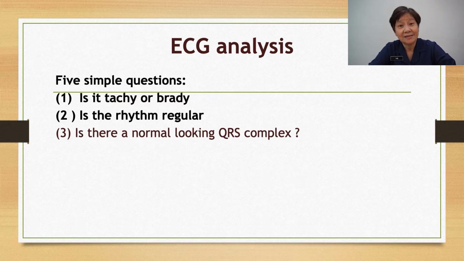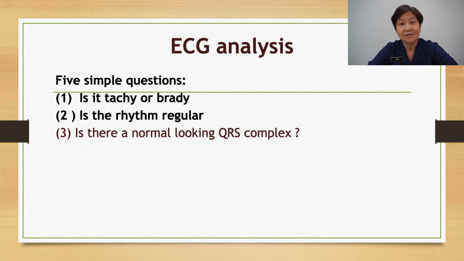So, it should be less than 0.12 second. So, everything below 0.12 second, the pacemaker comes from above your ventricle. So, either it should come from your SA node, AV node, above your AV node. Okay, when you become lower, then it becomes broader. So, remember to look at the normal QRS complex.